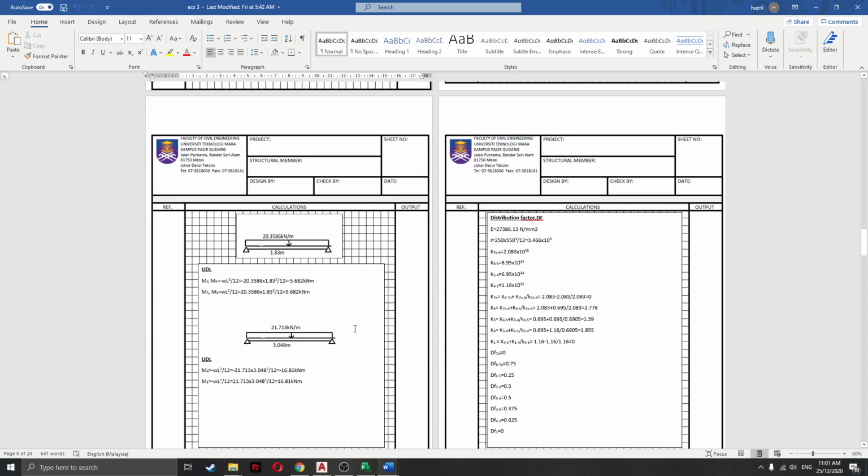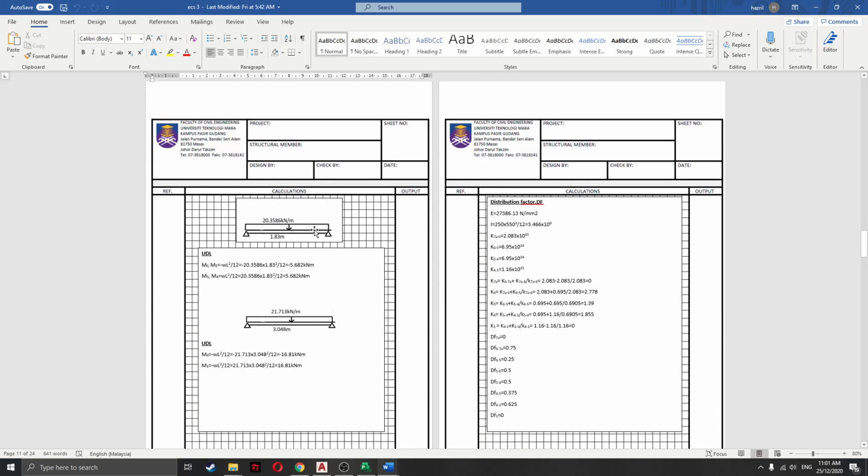Then for the span 6 to 5, 5 to 4, for M6 and M5 I get 5.682, M5 and M4 I get 5 point.